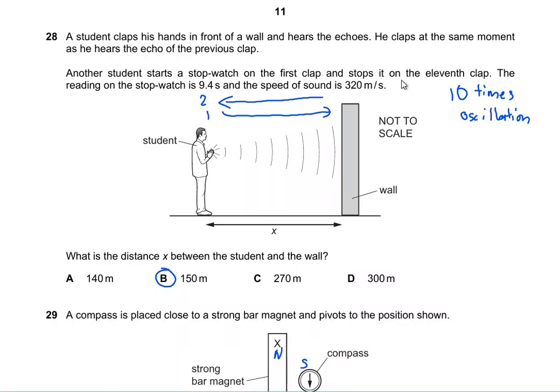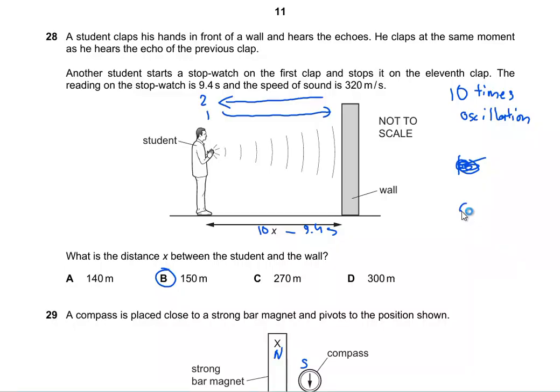So the 11th clap must be when it travels right here. 1, 2, 3, 4, 5, 6, 7, 8, 9, 10, and 11 finally. So that means it travels 10 times. So it travels this distance, 10x, in 9.4 seconds.